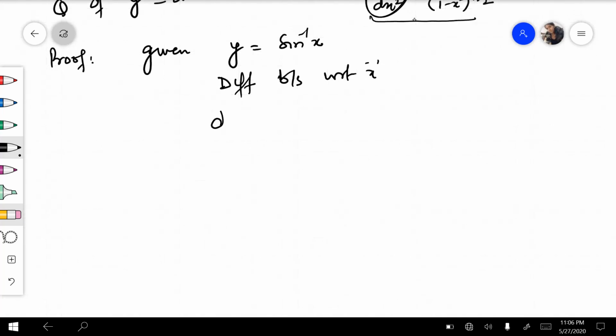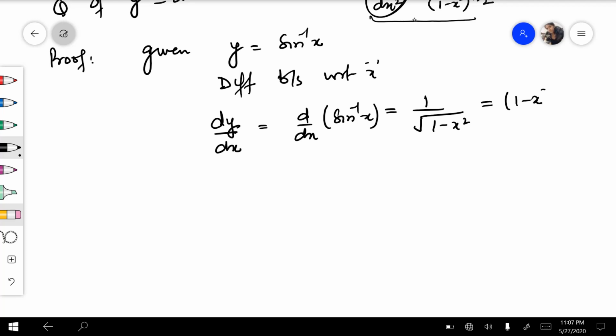So this gives you dy upon dx is equal to d by dx of sine inverse of x. और sine inverse x की डिफरेंशिएशन क्या होती है? 1 upon square root of 1 minus x square, जिसको हम कैसा लिख सकते हैं? 1 minus x square raised to power minus 1 by 2.